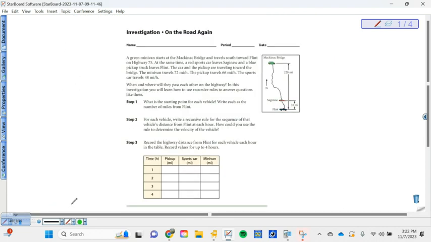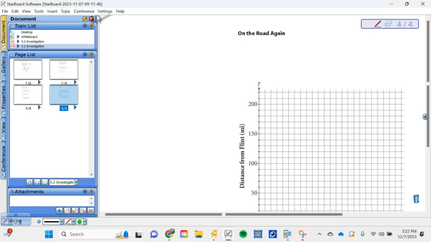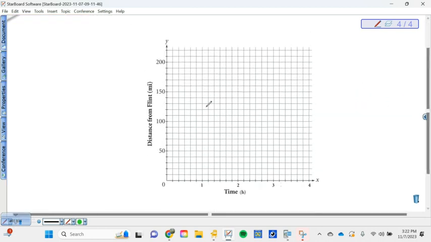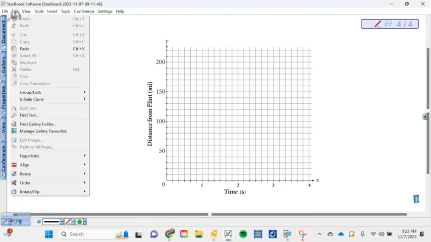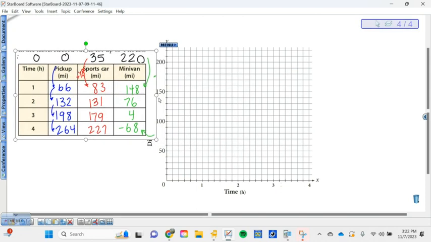You also have some rulers at your desk to help you out.